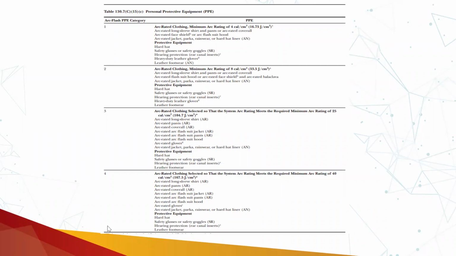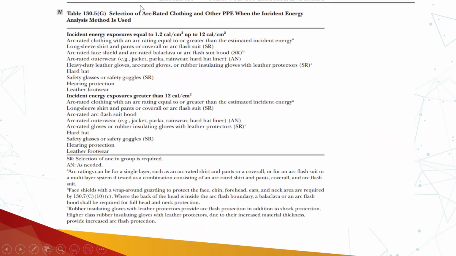So based on the ATPV and EBT, now these are the arc flash PPE categories. In most of these arc rated suits, you will find the calories per centimeter square written. Table 130.5(G) directly talks about the calories per centimeter square: how many calories per centimeter square are available at that particular location during an arcing event, and what arc rated clothing you have available in calories per centimeter square.